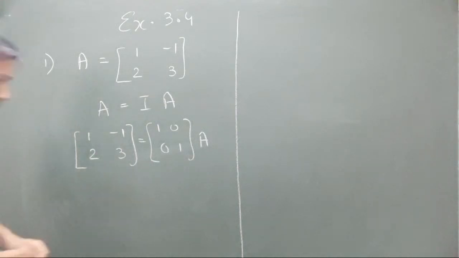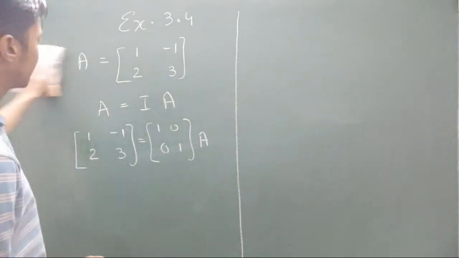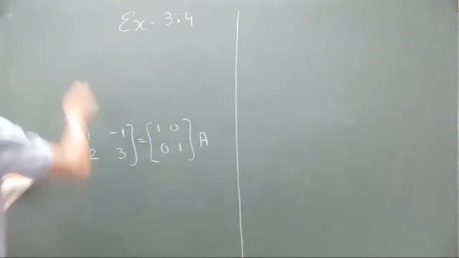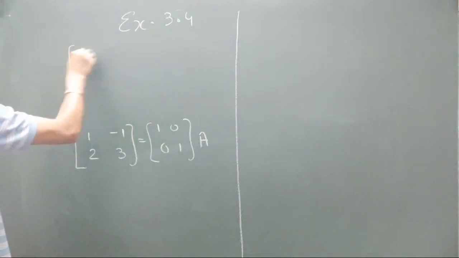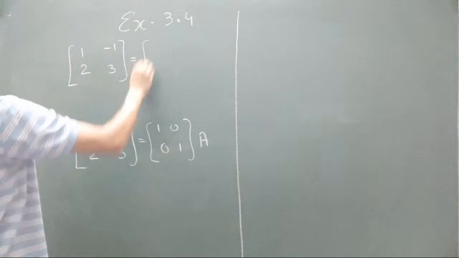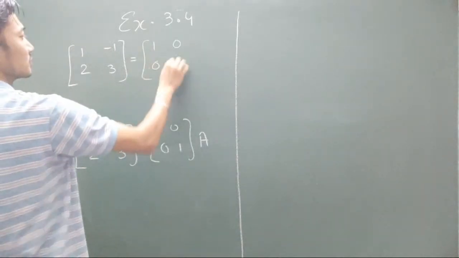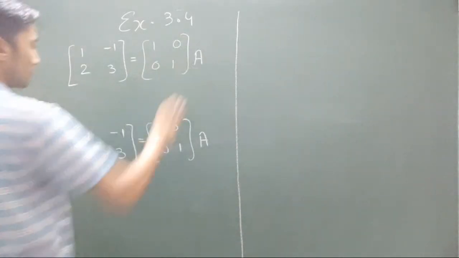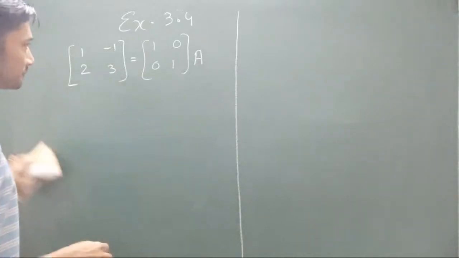Done? Chalo. But I'll be rubbing this again because I need more space as I said, so I will rewrite that once again since you must have already written it.